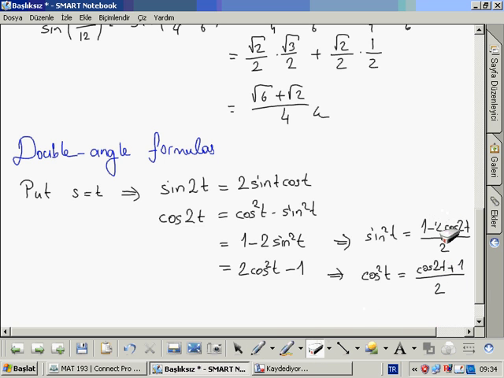We must clear this 2, and the minus only cosine. And let me write other trigonometric functions.